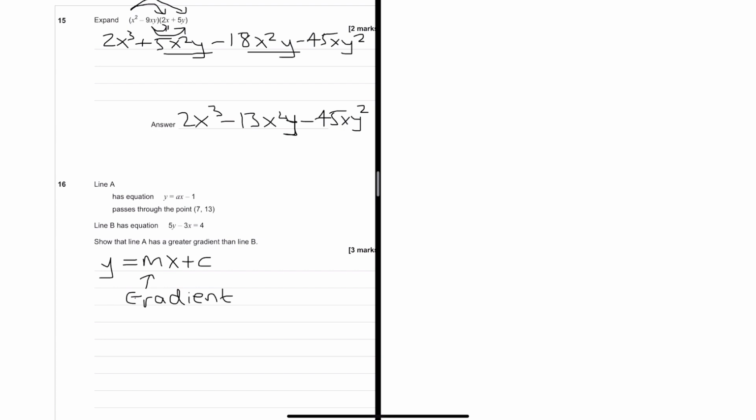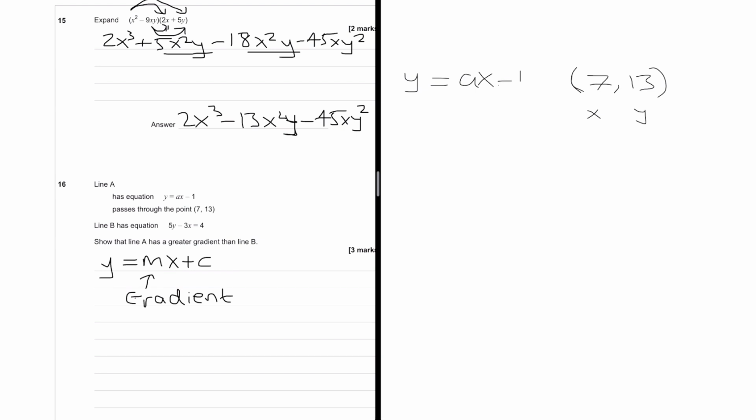So we can work out the value of a first of all. So we have y equals ax minus 1, but we know that the point (7, 13) goes through this line.